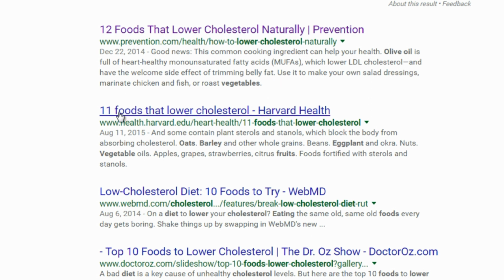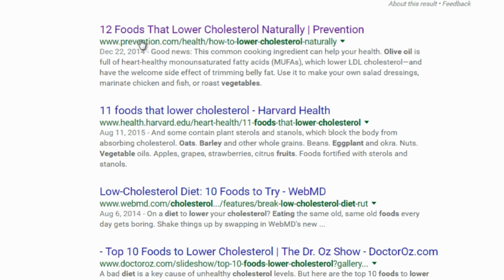And you'll notice a lot of articles are moving towards 12 things or top 10 things that lower your cholesterol, or top 10 different types of cardiovascular exercises that allow you to lower your cholesterol, or even top 10 foods that are tasty and can lower your cholesterol.